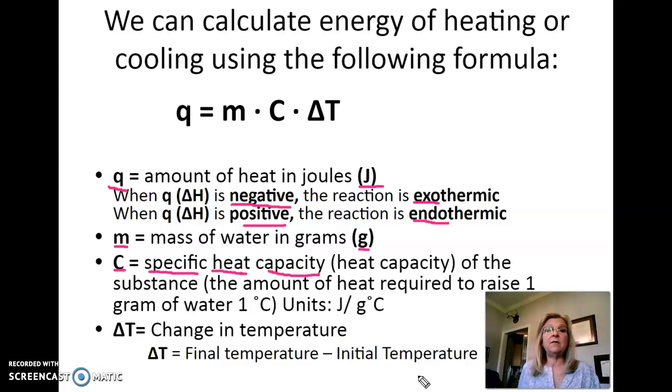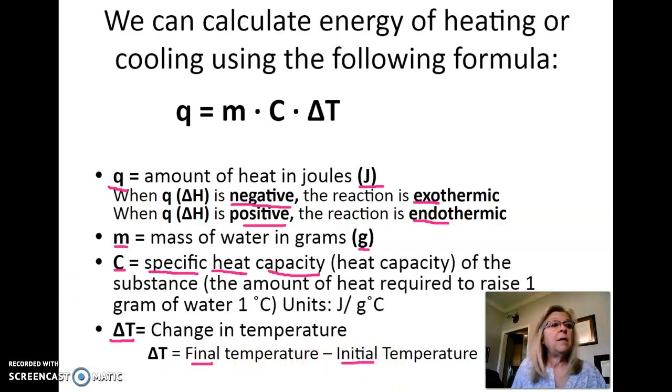If a material has very good ability to conduct heat, then that C, the specific heat capacity, is a very low number. If a material has a very bad ability to conduct heat, then that C is a very high number. The final part of our equation is delta T. This is a change in temperature, and we will always do final minus initial.